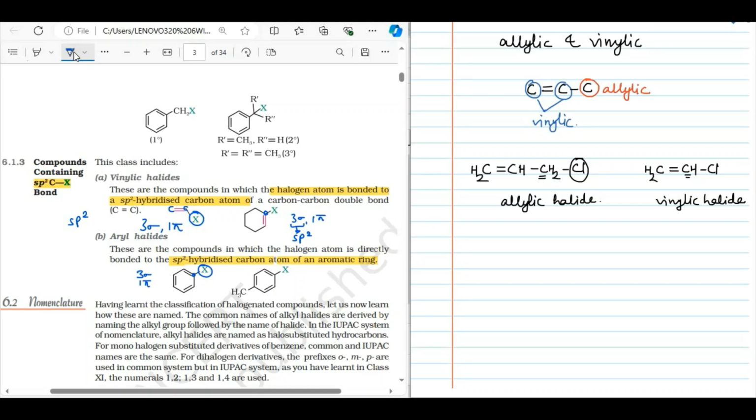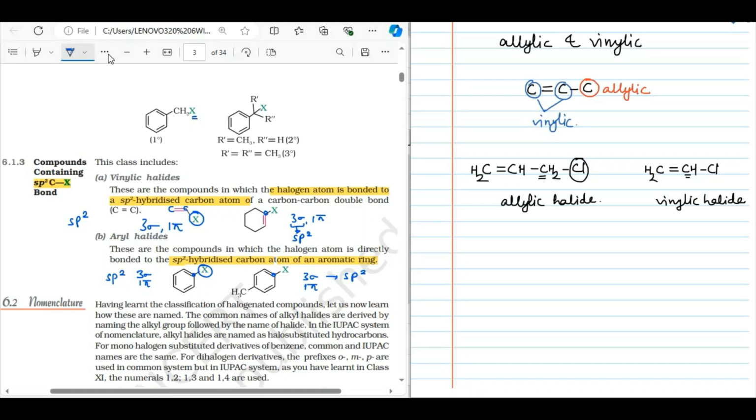In the next example, this halogen is bonded to this carbon, and this carbon has formed 3 sigma and 1 pi bond. So the hybridization of this carbon will be sp2. These are the examples of aryl halide.